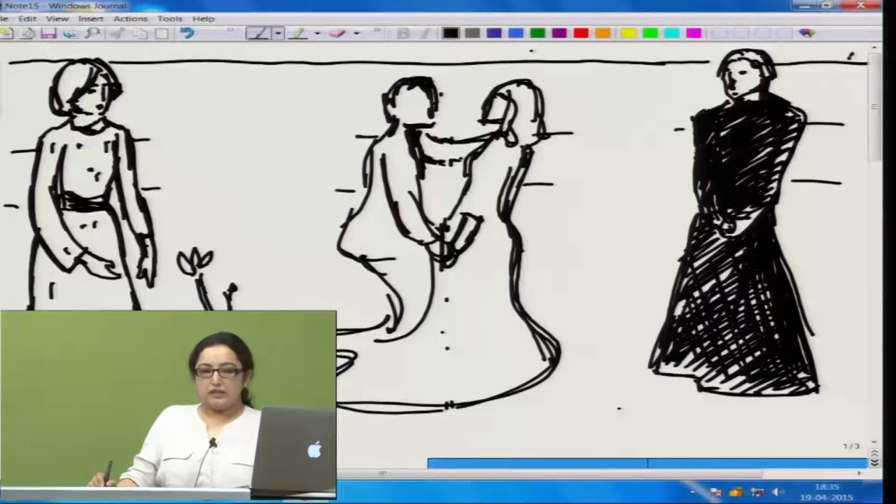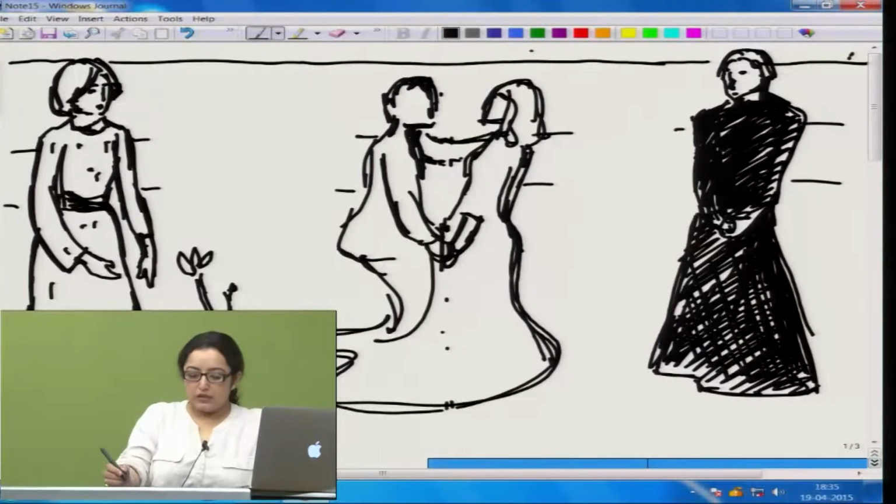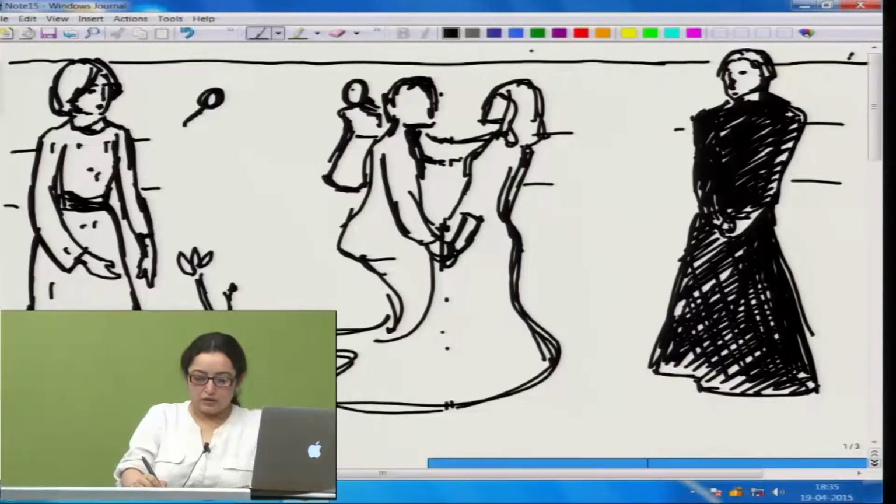Now, when we create this character, we also see that there are other figures, one standing somewhere here, the other two characters engrossed and enjoying their dance to the fullest.